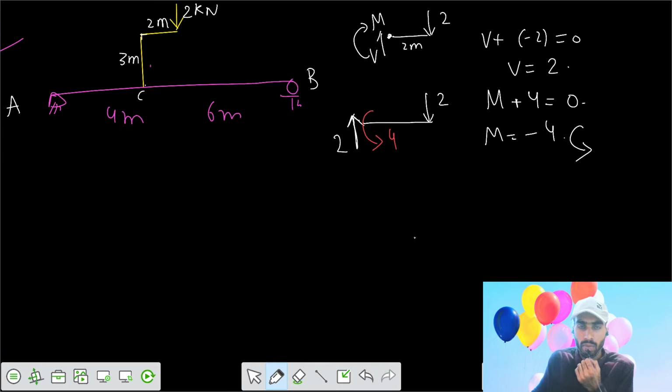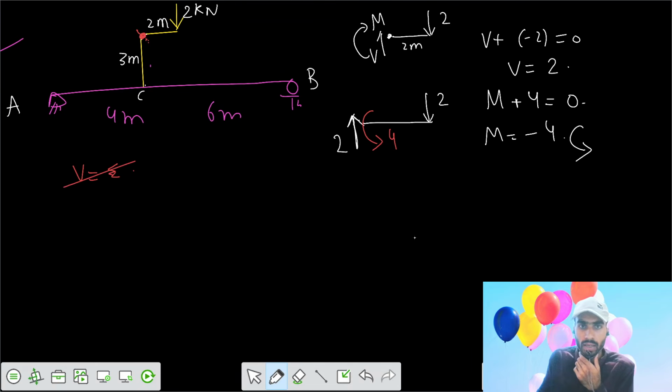Now these are the internal forces at this joint, at this section. At this section, we know that the shear force is the summation of forces on either side of the section. If you calculate from this side, you will get the same shear force, and if you calculate from this side, you get the same value of shear force.